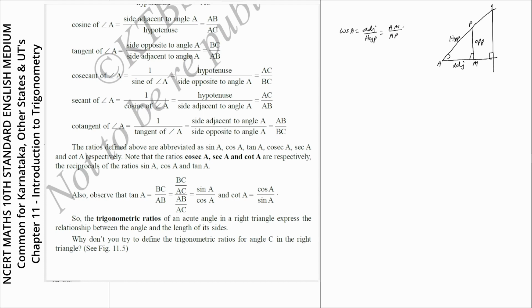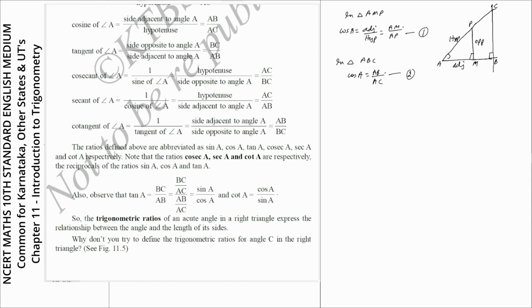And if I call these two points of intersection B and C, let this be B, let this be C. Now in triangle ABC, cos of A is equal to adjacent side by hypotenuse side. So in triangle ABC, adjacent side is AB and hypotenuse side is AC. This I'll mark as 2, this I'll mark as 1, and this is in triangle AMP.